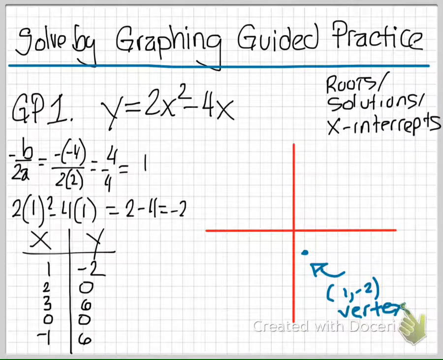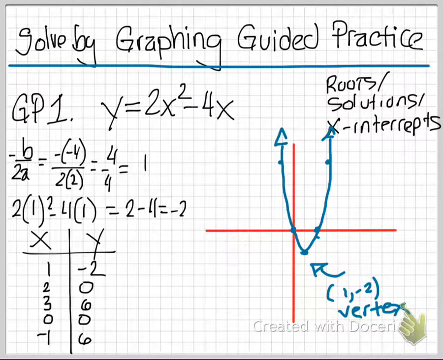My next points are 2, 0, and then 3, 6. And then I have 0, 0, and negative 1, 6. Connect your dots. There's your parabola.